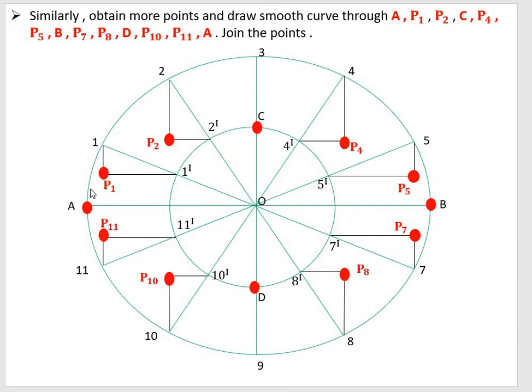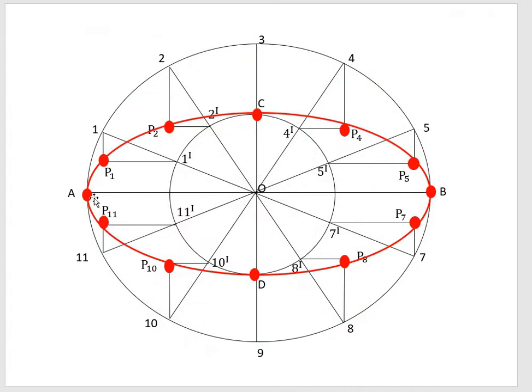The next step will be simply to join all these points like this. So see, all the round color dots I have simply joined in the next step. And this is the final diagram. This red color is the final ellipse.